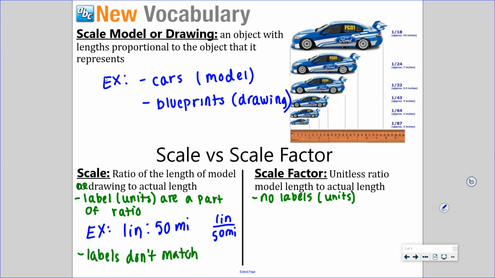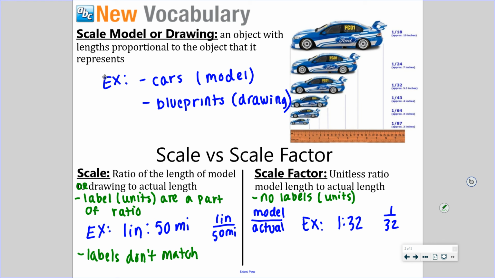So usually it's model to actual. An example could be 1 to 32. We don't have units. Here's a big difference with the scale factor.